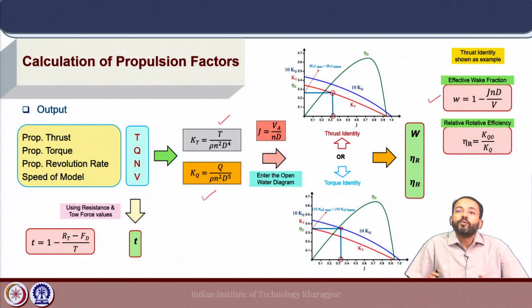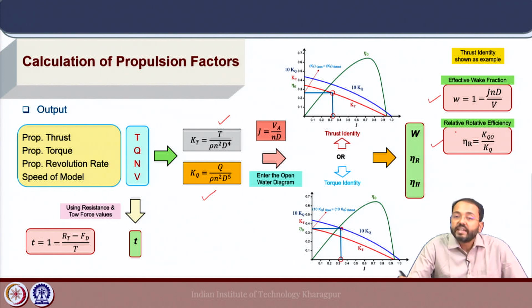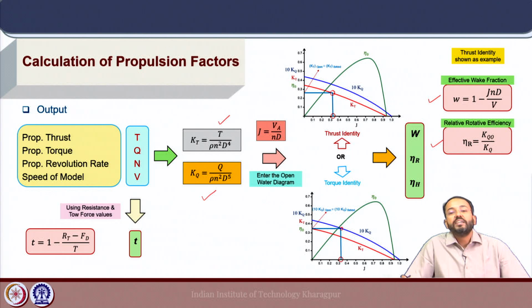Next, we can calculate the relative rotative efficiency. Since we are using thrust identity, relative rotative efficiency eta r is given by the ratio of KQO by KQ, where KQO is the torque coefficient obtained from the open water diagram and KQ is the torque coefficient in the self propulsion test.